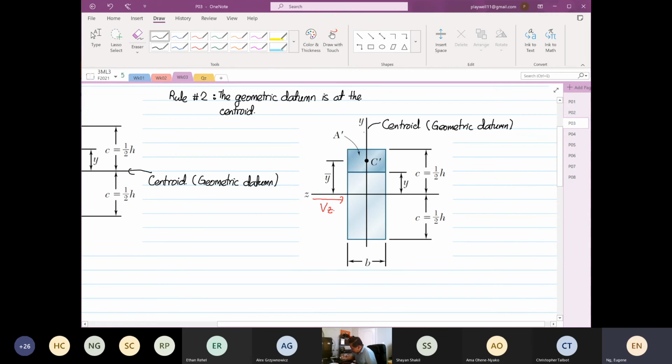This point is our Z equal to 0, and this distance from here to here is our Z max. So that's rule number 2.